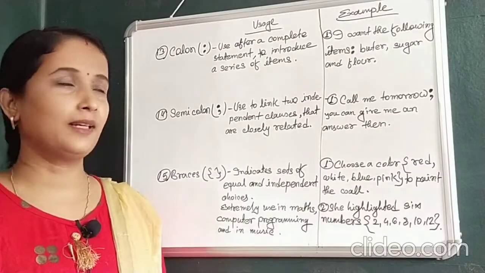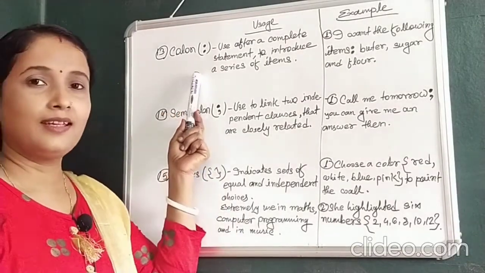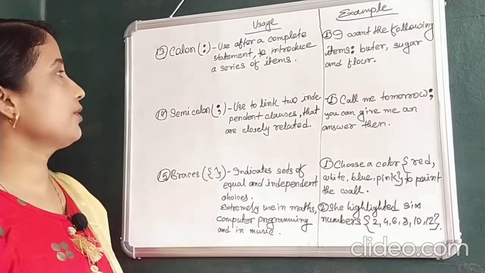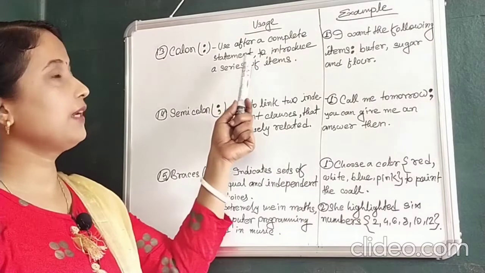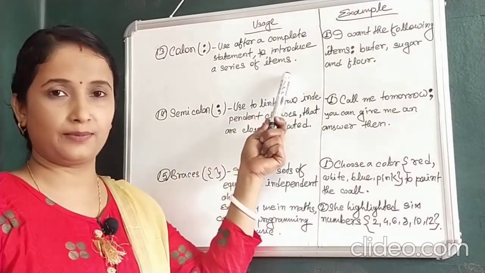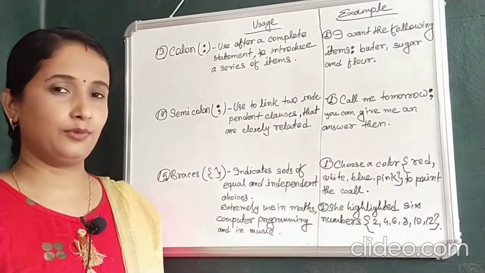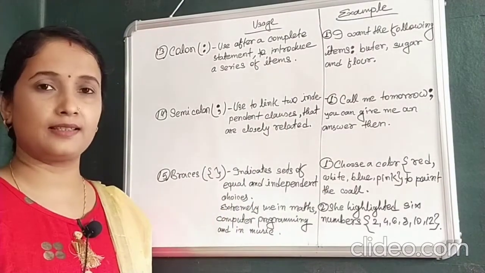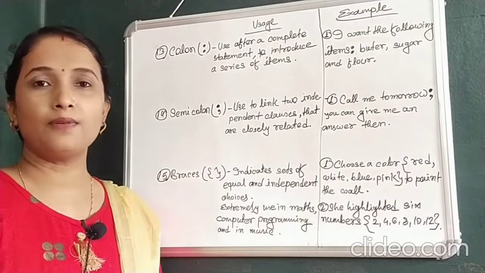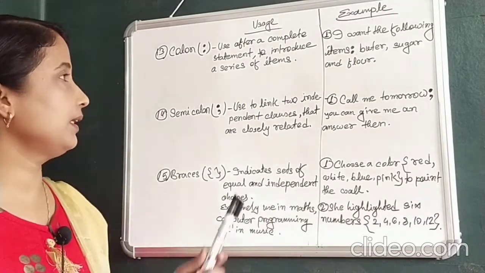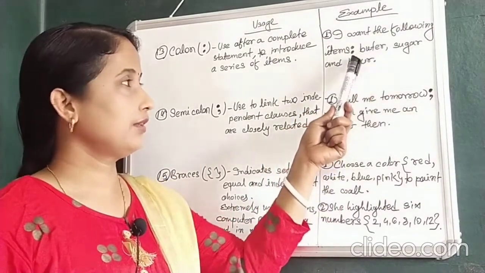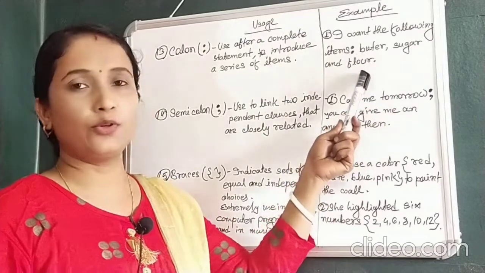Next punctuation mark is the colon, and this is the symbol of the colon. When we use a colon, it is used after a complete sentence to introduce a series of items. Let's see an example: I want the following items: butter, sugar and flour.